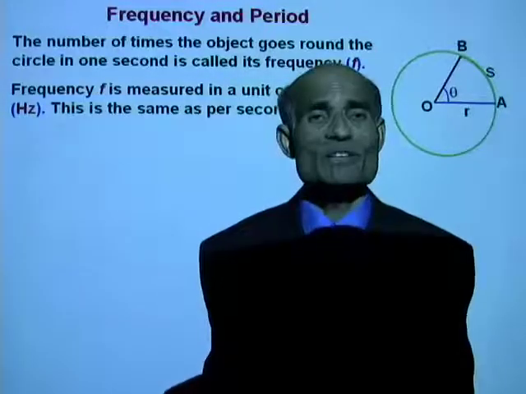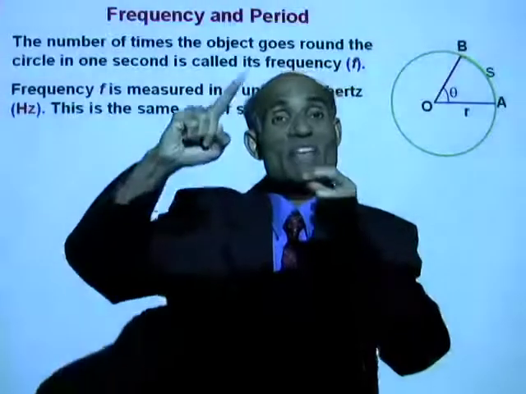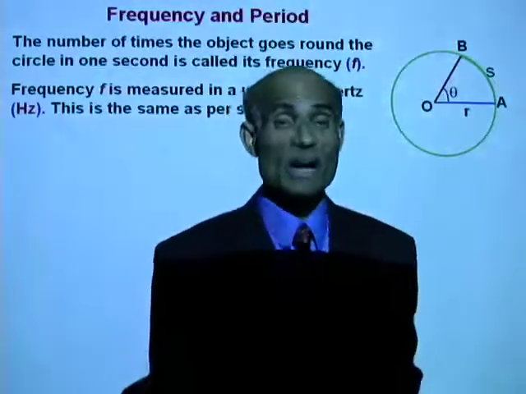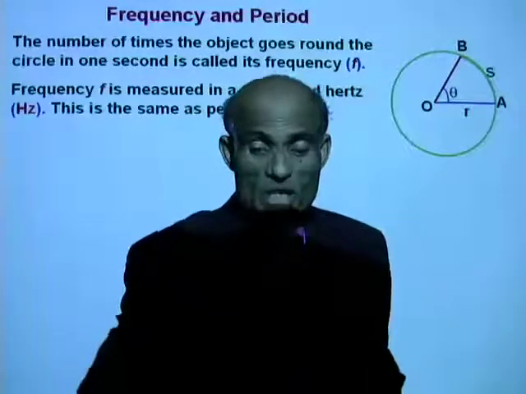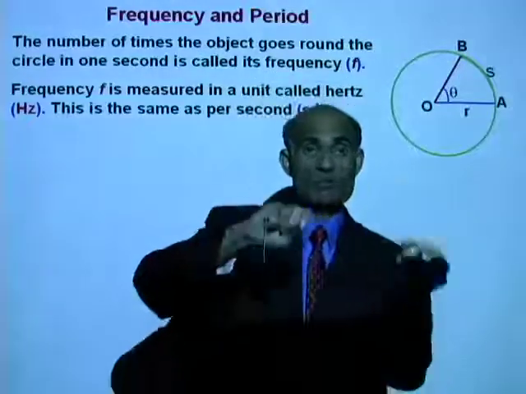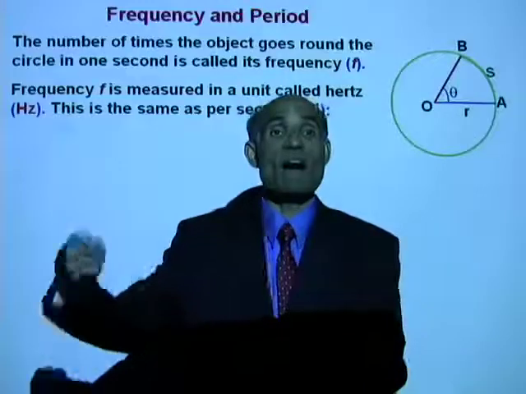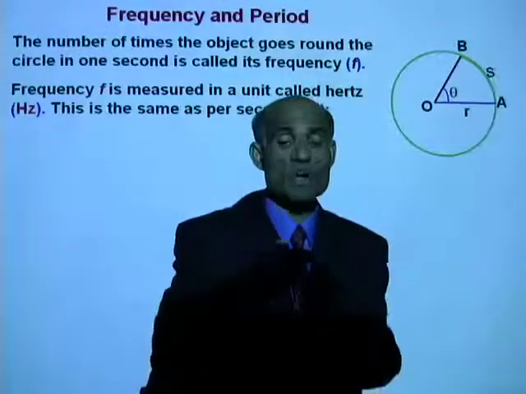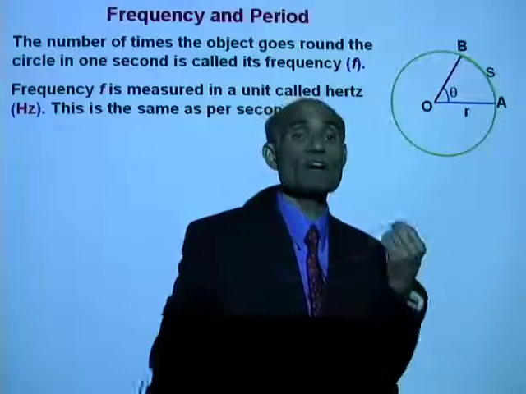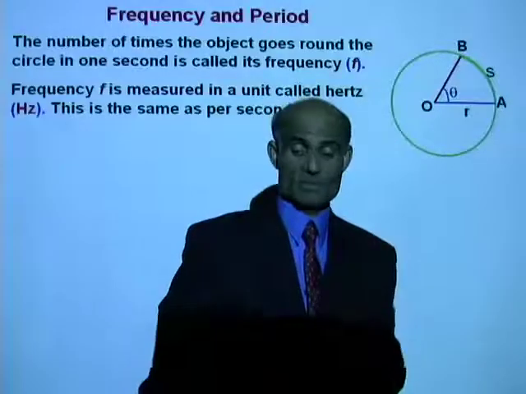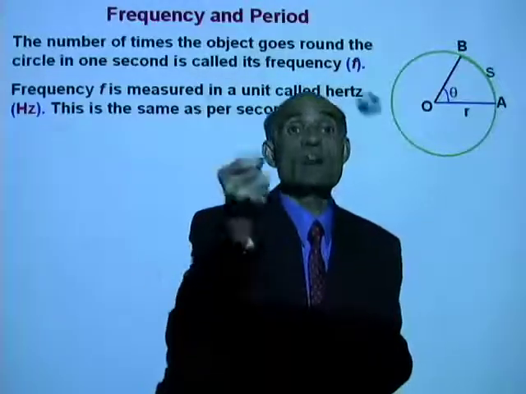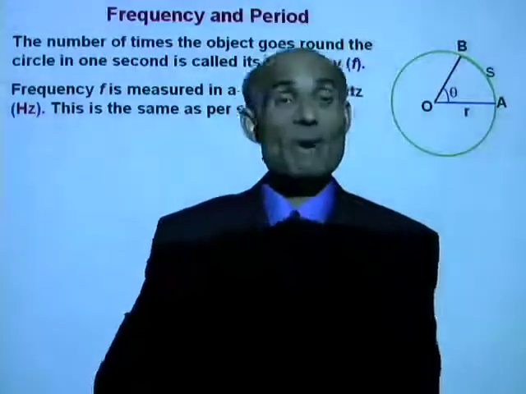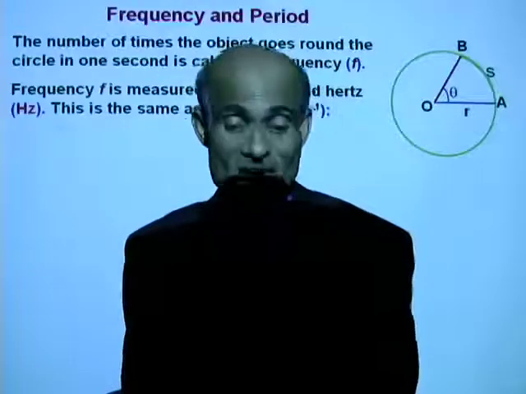What is hertz? Frequency is the number of times per second. So if I say the frequency of this object is 5 hertz, what does that mean? It means it goes round 5 times per second.